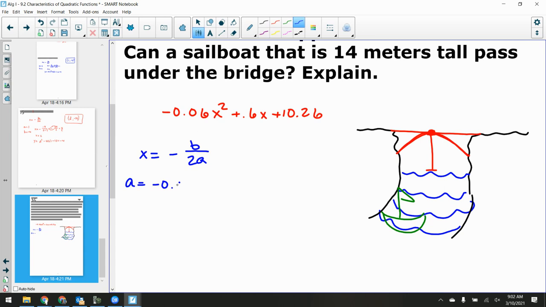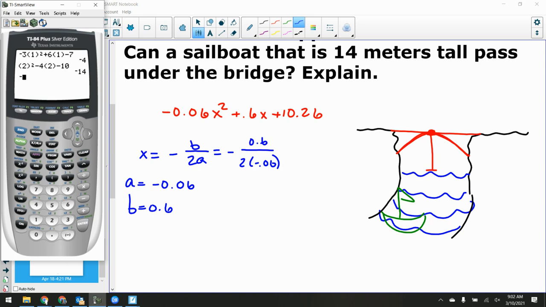A is negative 0.06, b is 0.6. See, when it models real life stuff, the numbers get kind of messy, because real life is messy. Negative 0.6 divided by 2 times negative 0.06. All right, let's plug this in.